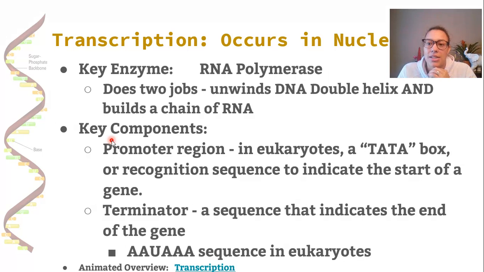So that's our recognition sequence for the beginning of that gene to be transcribed. And then it's going to go through that elongation process. And then there's also going to be a termination sequence at the end, kind of like a palindrome almost, but AAU, AAA. And again, once that's read, it's going to signal the end of transcription.